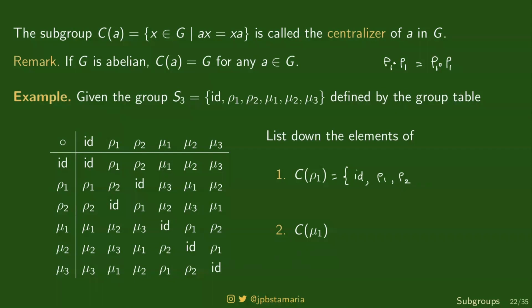Is mu2 an element of the centralizer of row 1, by looking at the table? Hindi rin. How about mu3? Hindi rin, no? So, I think we're done because there are just 6 elements. We can just check one by one.